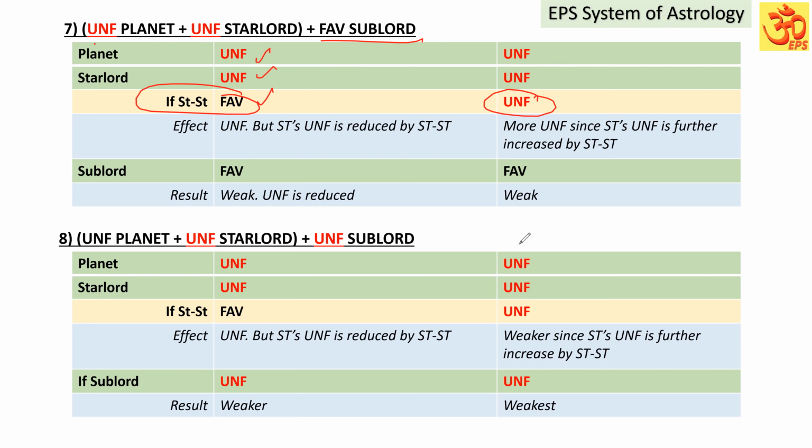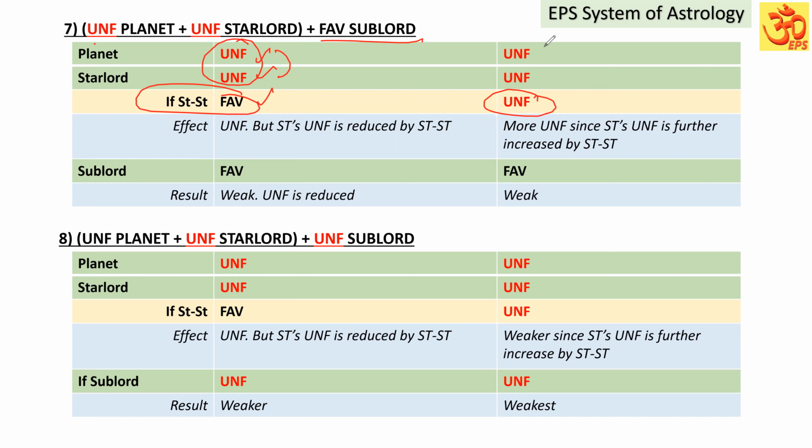You can easily differentiate: the planet is unfavorable, the star lord is unfavorable, so combined they are going to be more unfavorable. Since the star lord of the star lord is favorable, the unfavorable strength of the planet can be reduced by the star lord of the star lord. But since both are unfavorable, the unfavorable impact will be more.